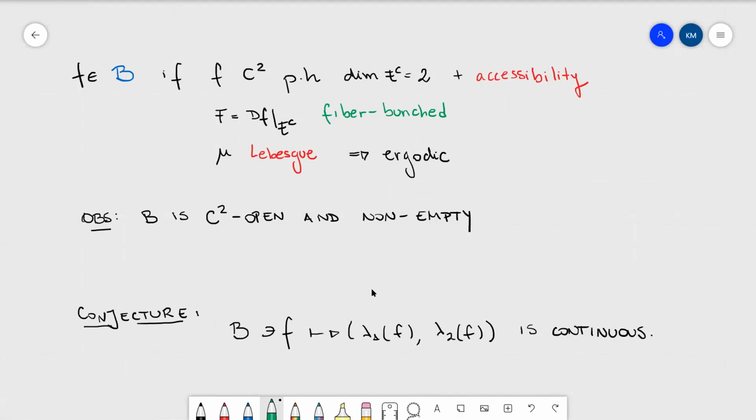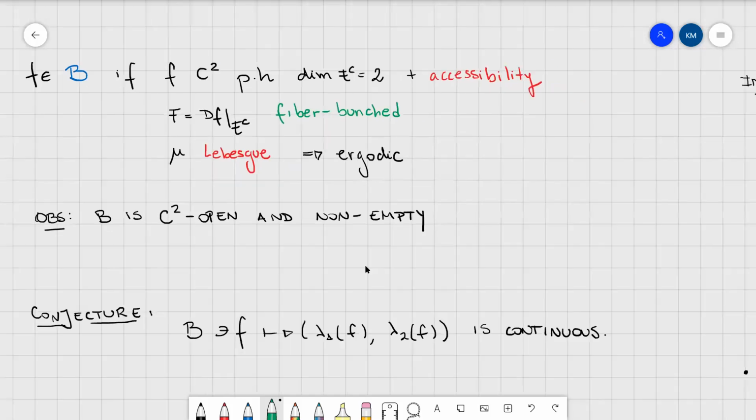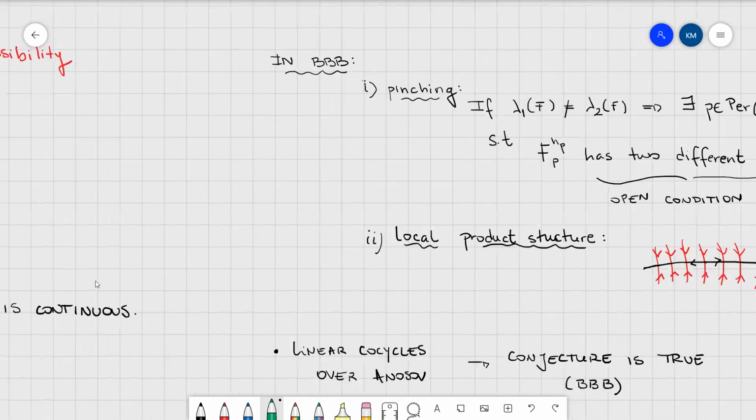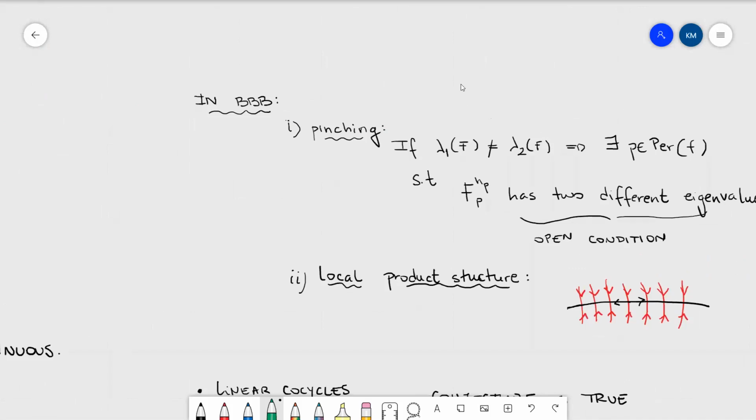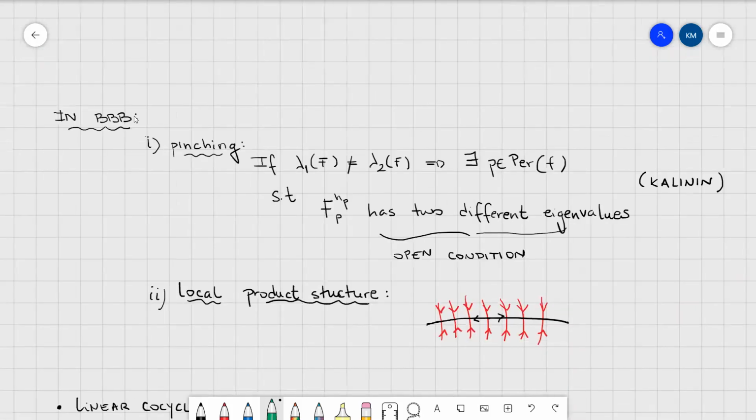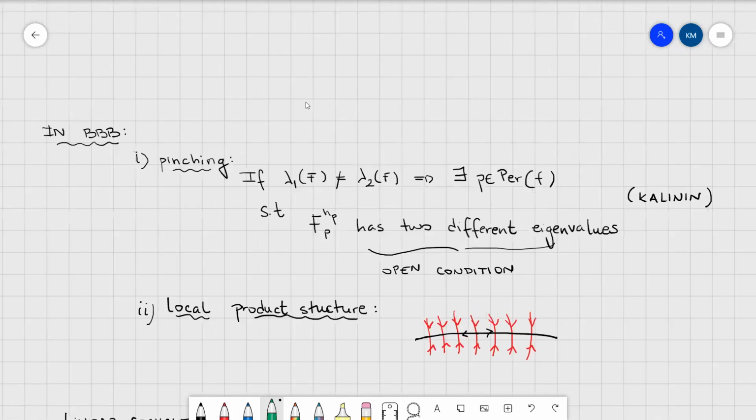So this would be what we were able to prove in a perfect world. There are some problems in the arguments of the paper of Backes, Brown, and Butler that we are not able to adapt to the partial hyperbolic setting. So I'm going to mention 2 main problems. Of course, this is not everything that is happening in this paper. This paper is very delicate.